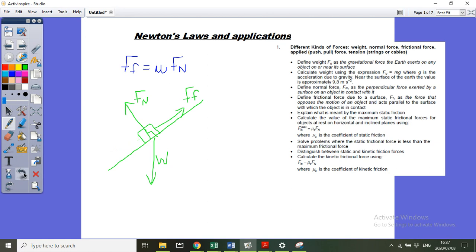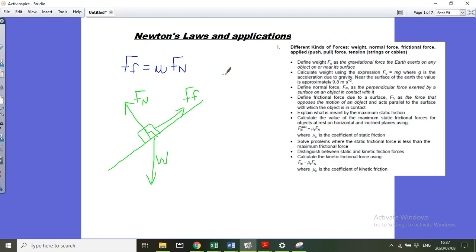So now what we need to do is work out the frictional force again. But remember, we have our equation: F friction is equal to mu times F normal. Now if we look at F normal, in this direction there is no motion. So the normal force is going to be equal to the component of your weight that pushes this object down onto the surface.